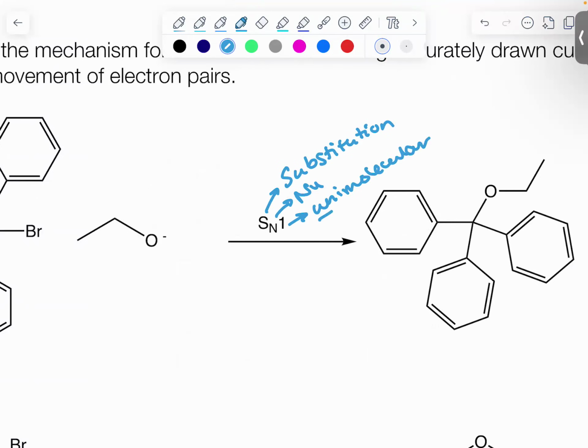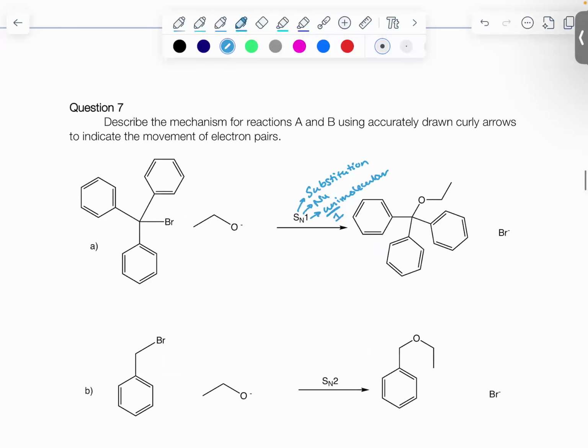And that means our first step will be just 1 molecule. This is often used when you have big, bulky groups, like these benzyl groups. And so our first step is unimolecular.